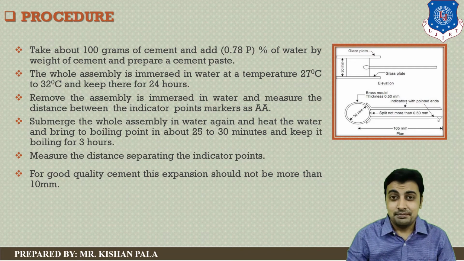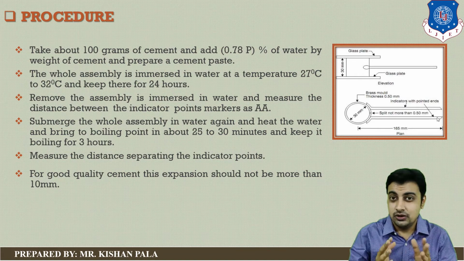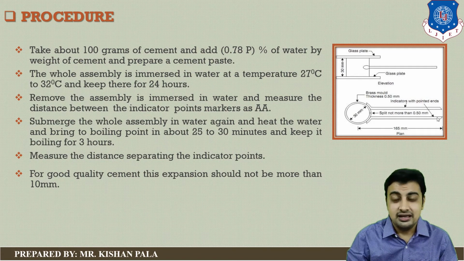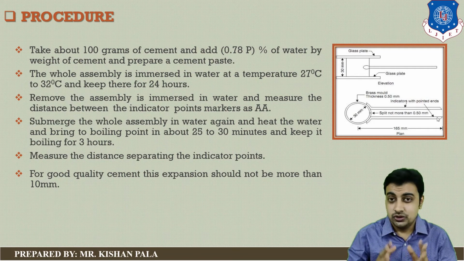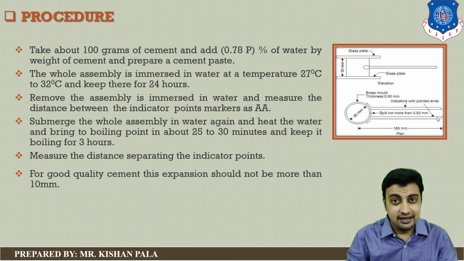For example, if your first reading is 18 mm and the second reading is 14 mm, your difference is 4 mm. It means this is an acceptable value. And if this value is greater than 10 mm, it means your cement has failed regarding expansion under the Indian Standard criteria. So your cement expansion should not be greater than 10 mm.